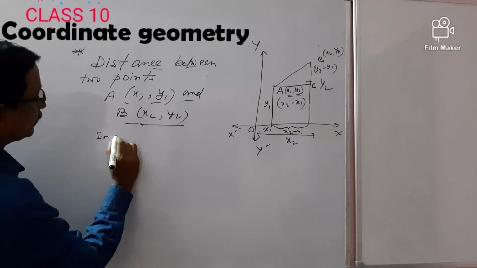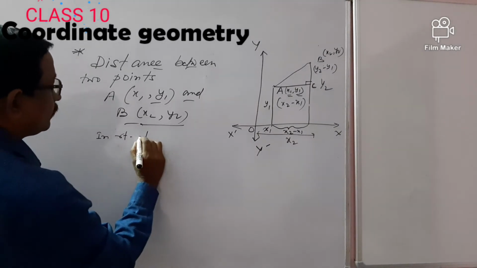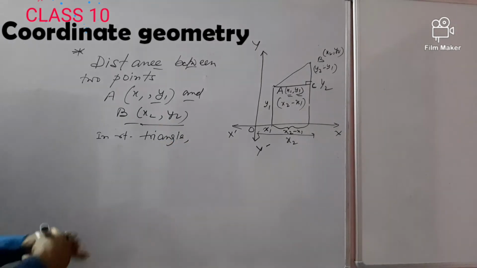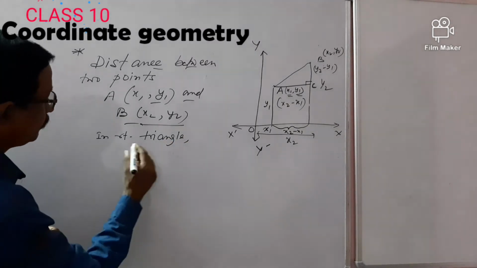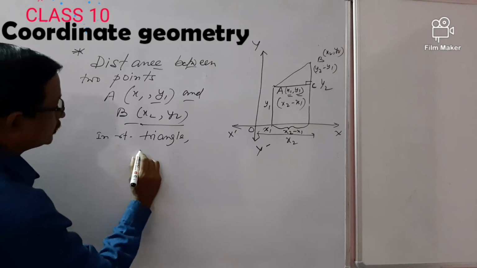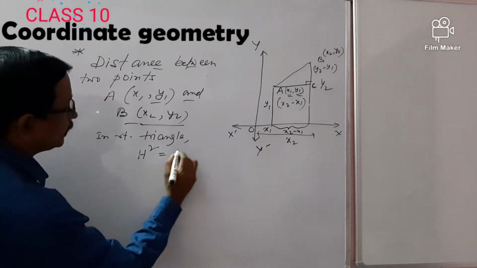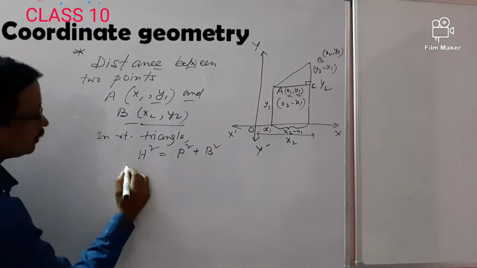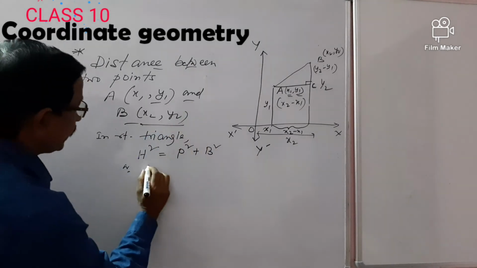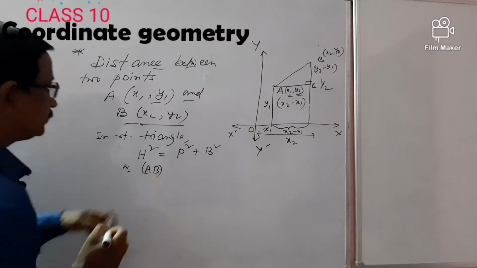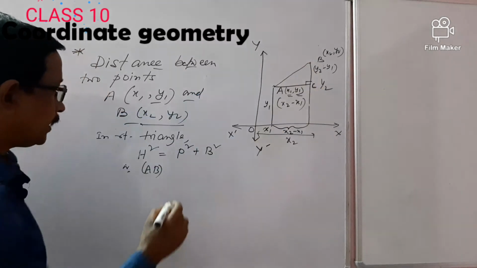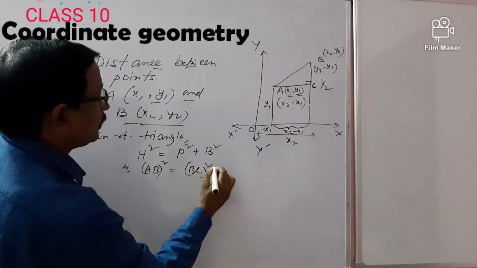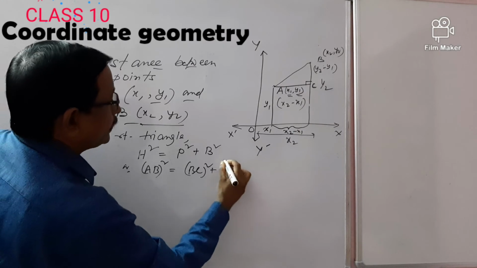In right triangle, we know by the Pythagoras theorem, what have we learned? A square equals P square plus B square. Then, according to this triangle, the hypotenuse squared is AB square, P square means BC square, and B square means AC square.